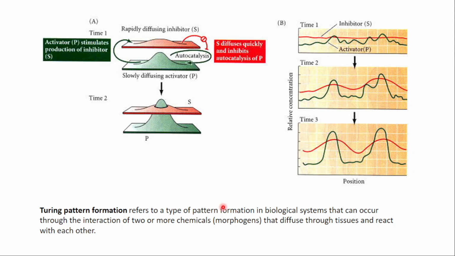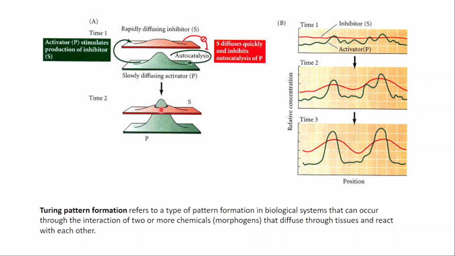Two different opposing morphogens can interact and diffuse through the tissues, react with each other to form different structures. So we have activator P, which stimulates production of inhibitor S, a rapidly diffusing inhibitor. S diffuses quickly and inhibits autocatalysis of P, the slowly diffusing activator.